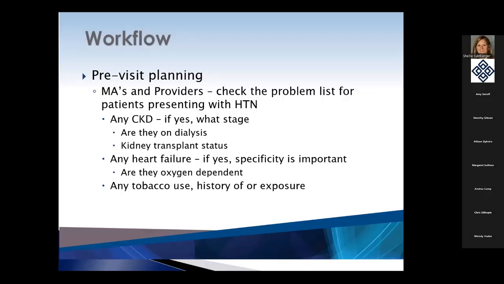Every single patient that is being seen tomorrow or this week, whenever I'm doing my pre-visit planning for hypertension, I want to go over to the problem list and look to see, number 1, do they have any chronic kidney disease? If I see that, I want to know: does the diagnosis listed on the problem list identify a stage, or does it say unspecified?